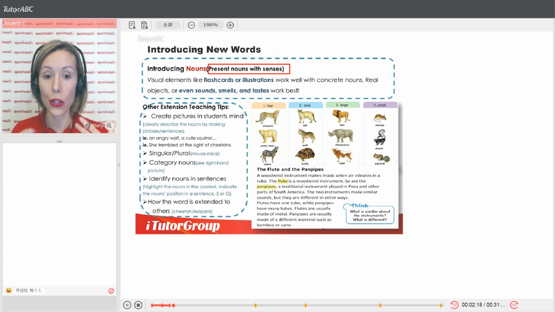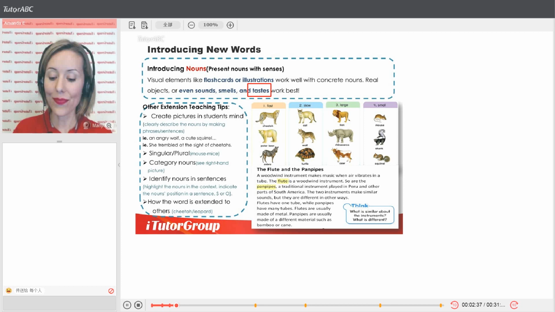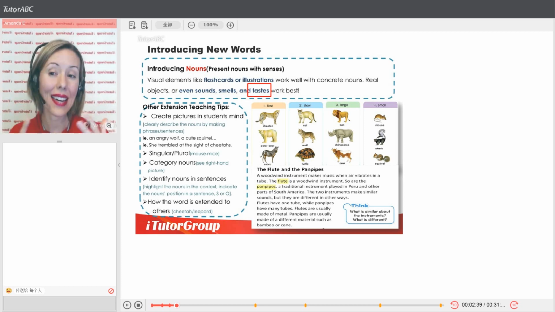So we want to show visual elements like flashcards, illustrations, pictures, but we also want to try and include our other senses as well. If we can include sounds, smells, and tastes of certain nouns that we're teaching, that will really help the noun come alive, help the student understand exactly what you're talking about, and it'll hopefully stick in their mind.